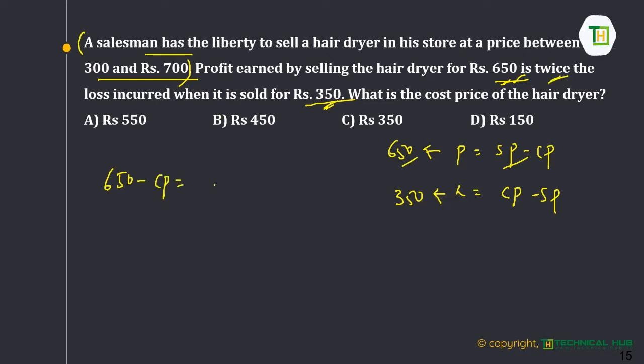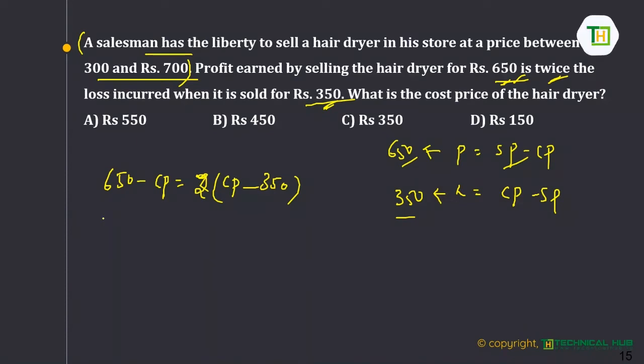The loss is CP minus the SP, 350. That's why I'm writing the equation here: 650 minus CP is equal to 2 times of CP minus 350.